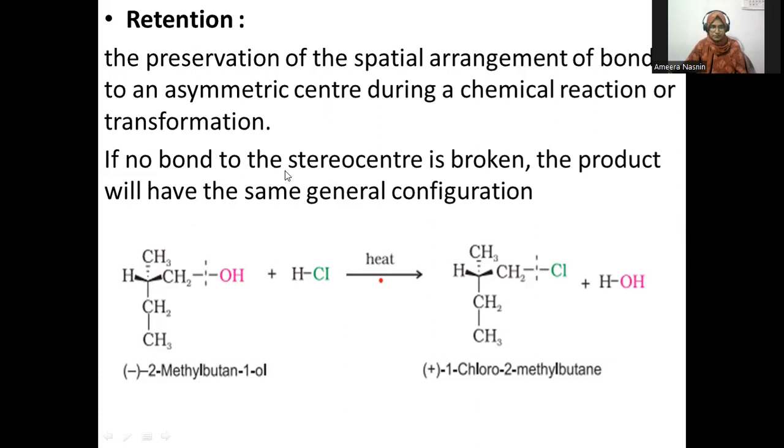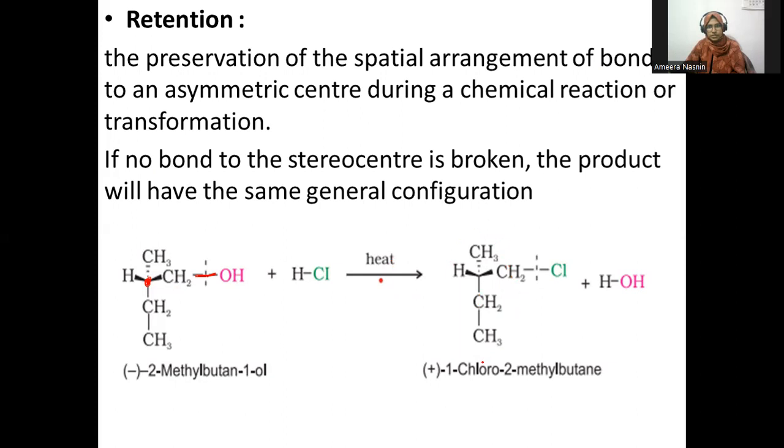Here, see, this carbon is our stereo center, and the bond is getting broken between this carbon and the hydroxyl group. So no bond is broken and no new bond is formed at the stereo center. So the configuration does not change.